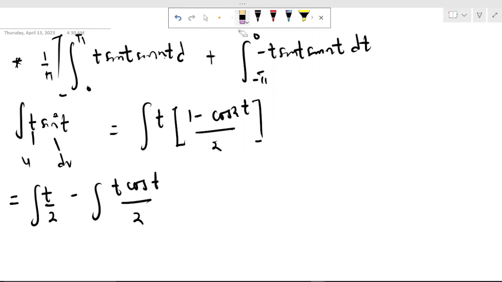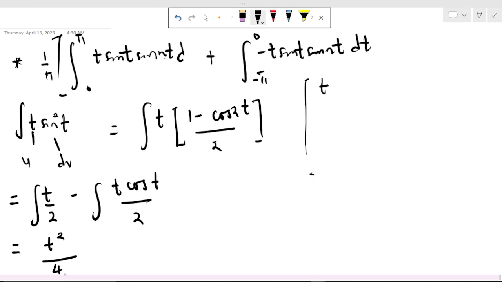Integrating t over 2 is straightforward. We get t squared over 4. Now integrating t cos 2t over 2, let's do that somewhere here. Again, we use by parts, and t is our u, so we have our t. Let's factor out our 2, so we have 1 over 2.